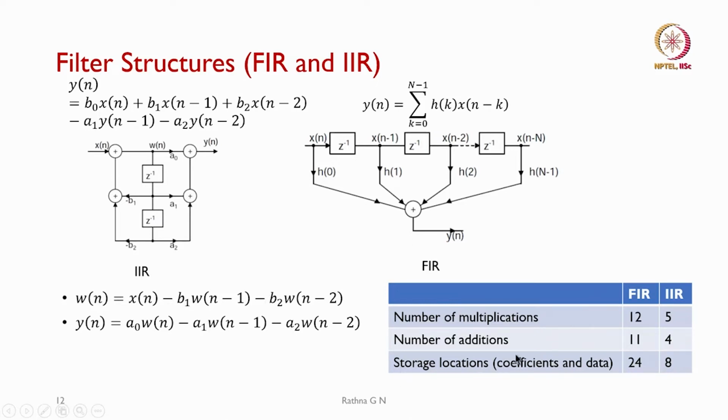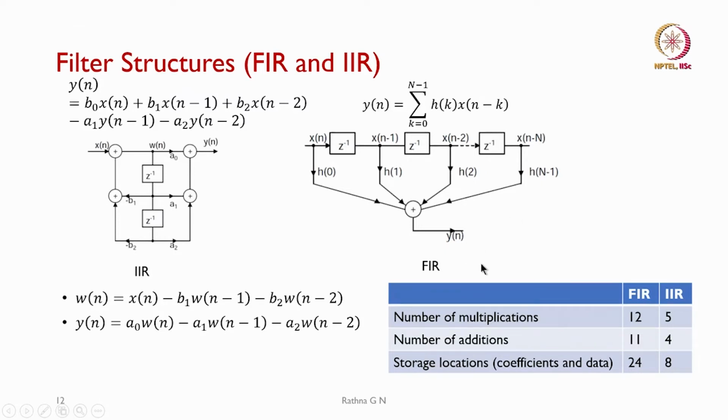And storage locations, that is including coefficients and data. How many we need, that is what one has to count. We have 12 multiplications and we have 12 coefficients for the h of n that we need, and 12 inputs that we need, and 1 output.